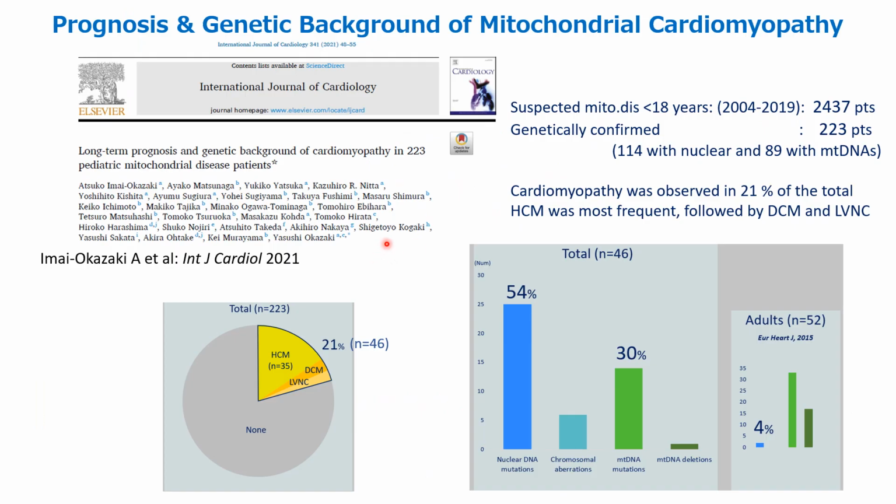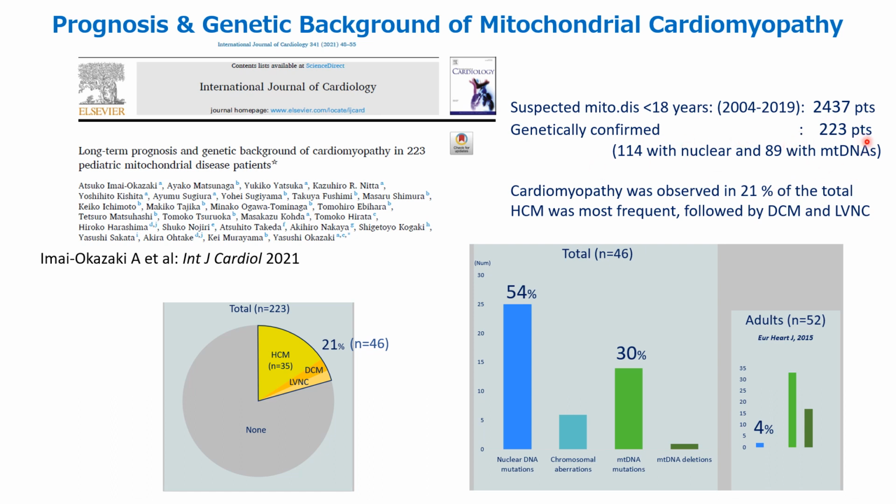I will talk about cardiomyopathy. This slide shows the prognosis and the genetic background of mitochondrial cardiomyopathy in our cohort. 223 patients out of 2,437 consecutive mitochondrial disease patients who were genetically confirmed were enrolled.